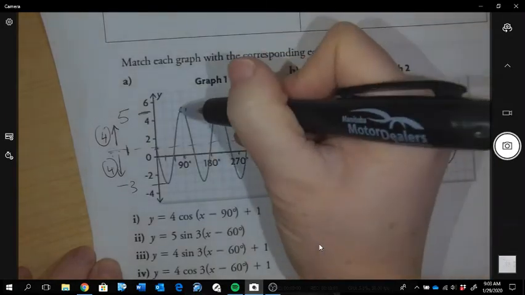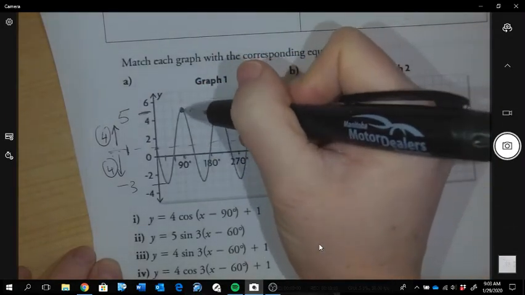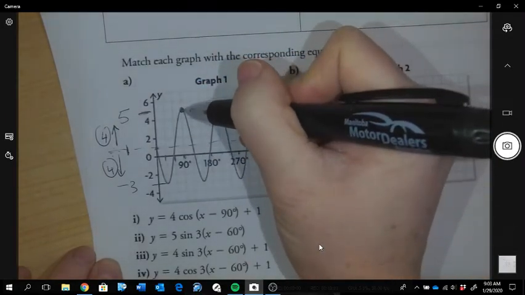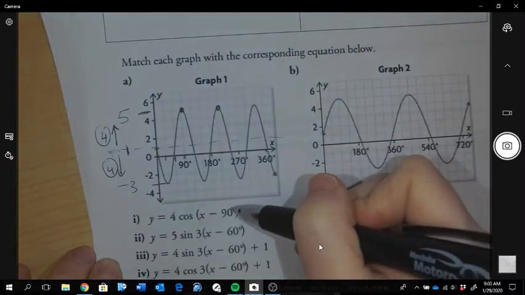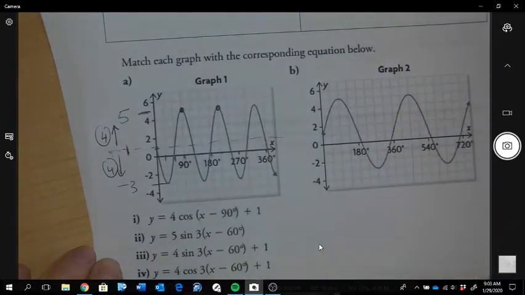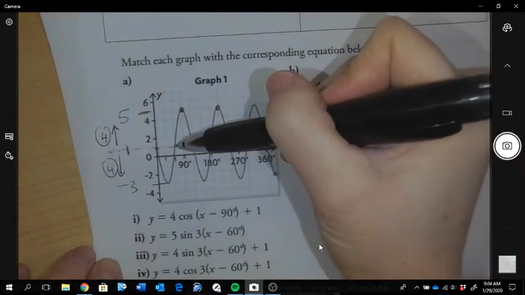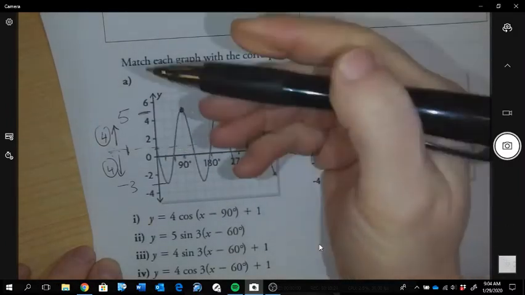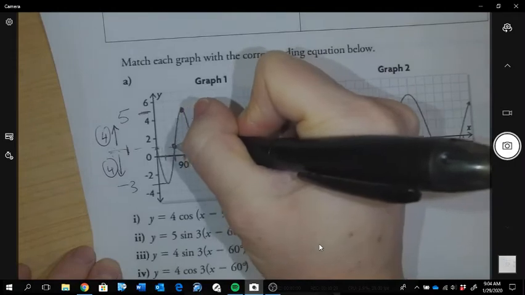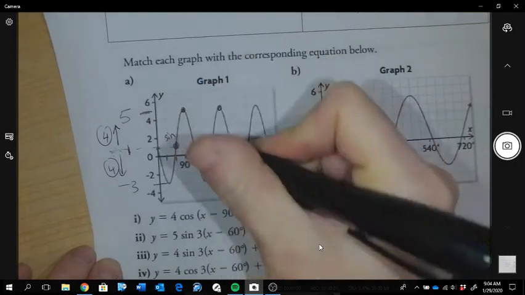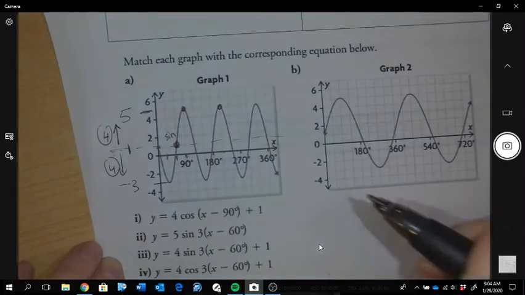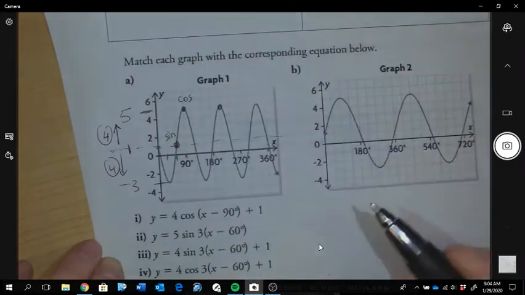So we could have done a cos curve that got moved right 90. So this would meet it. It also would work to move a sine curve, because if this was a sine, it would have started here, which is 60 degrees, and a cos curve could have moved.